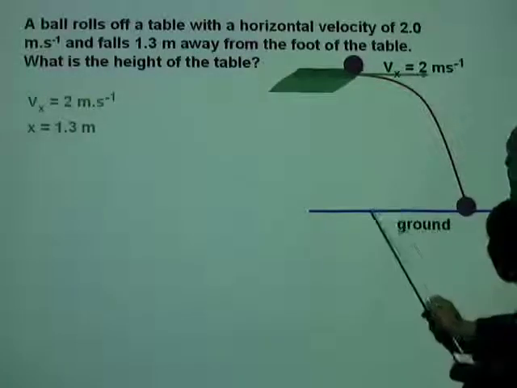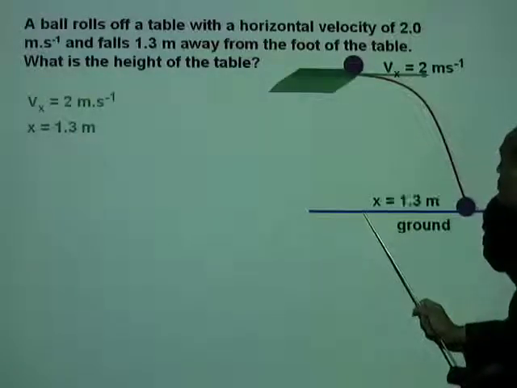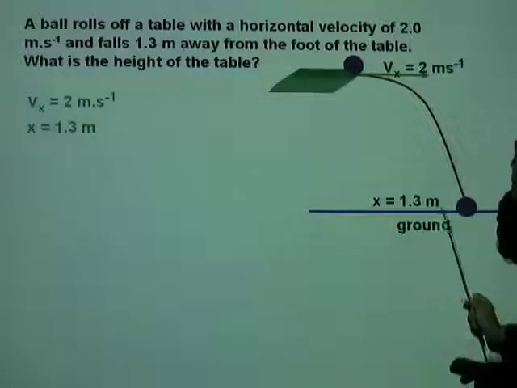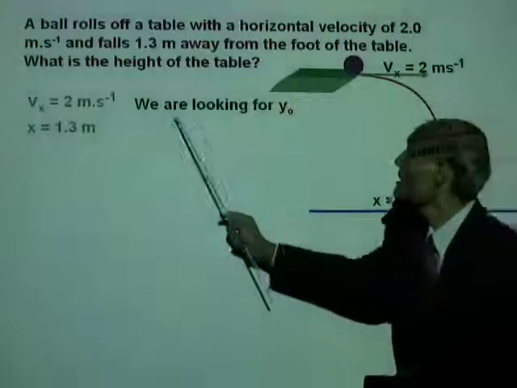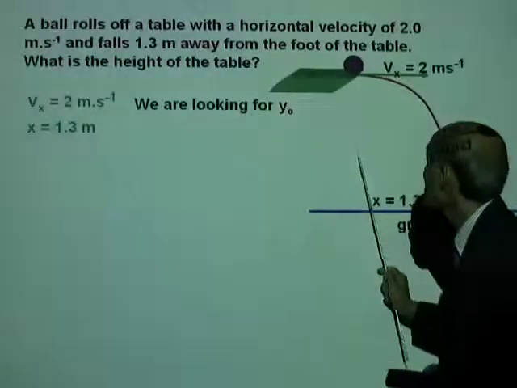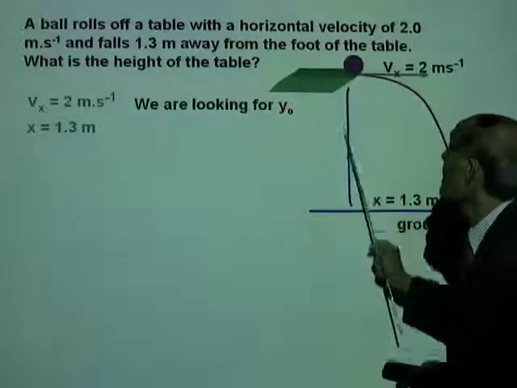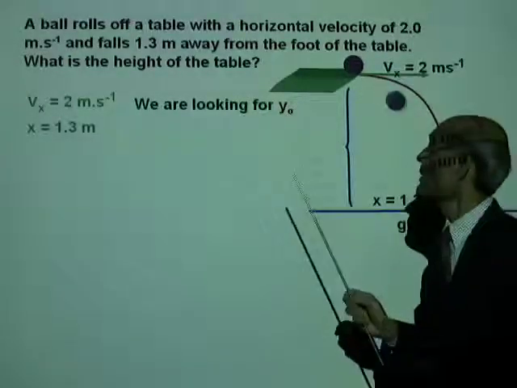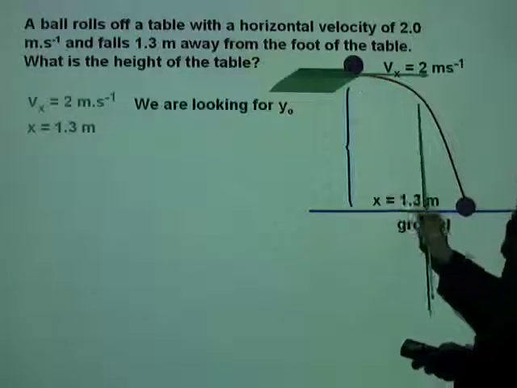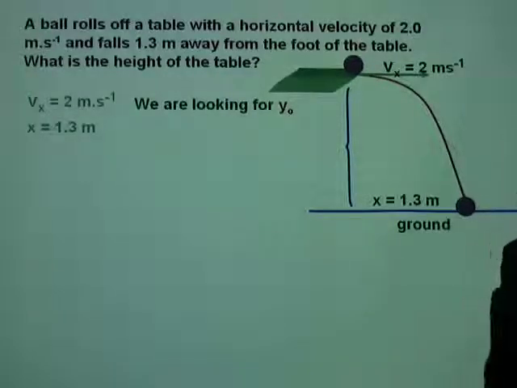And the horizontal distance traveled is x equals 1.3 meters. Now we are looking for y0, the height from where the ball was dropped, the height of the table. Well, you can see the ball projected there, is that right? Look at that one more time.